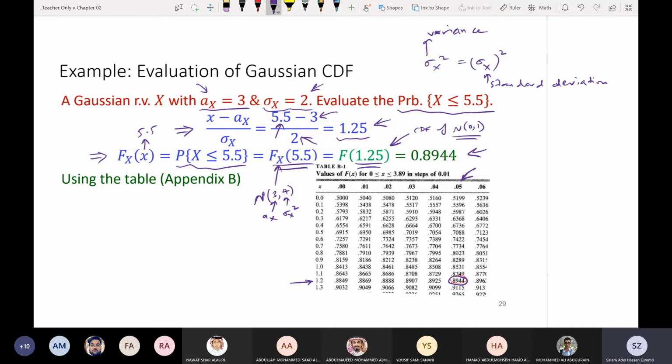So the probability that this Gaussian random variable is less than or equal 5.5 is equal to 0.8944. واضح؟ واضح. أي سؤال يا شباب؟ How did we do this? Okay.